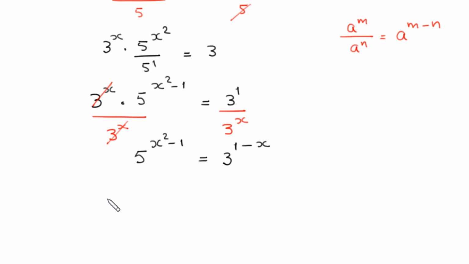Now from here we take log of both sides. So log of 5 to the power x squared minus 1 is equal to log of 3 to the power 1 minus x.